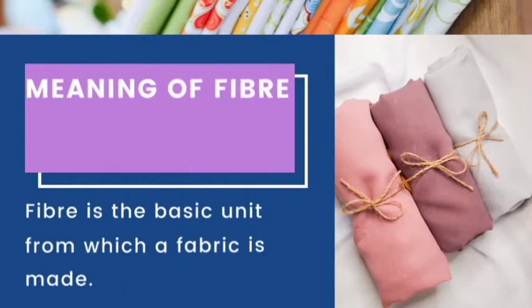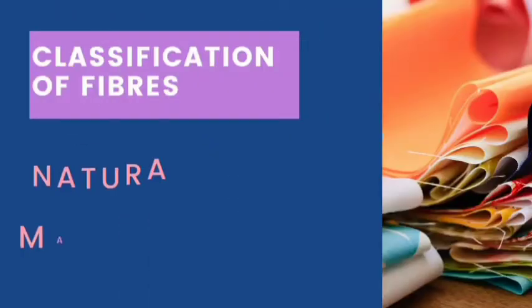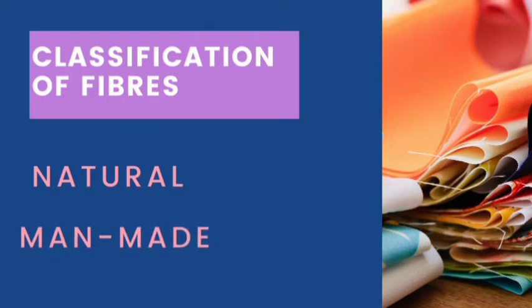So now, what is fiber? Fiber is the basic unit from which a fabric is made. Fabrics are made from either natural or artificial sources. So now, what are the classification of fibers?